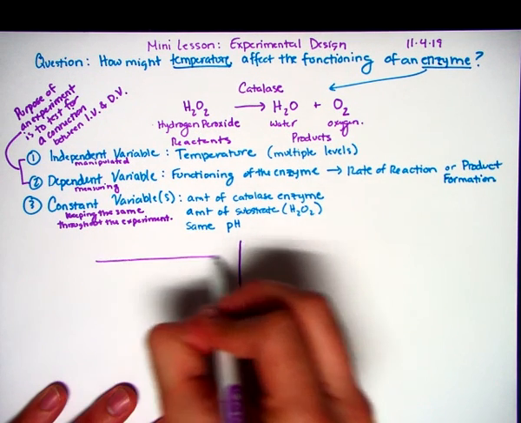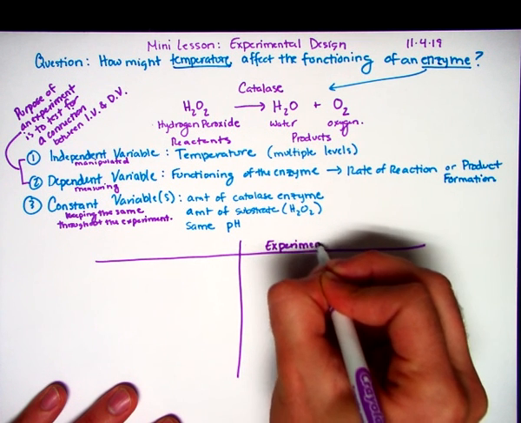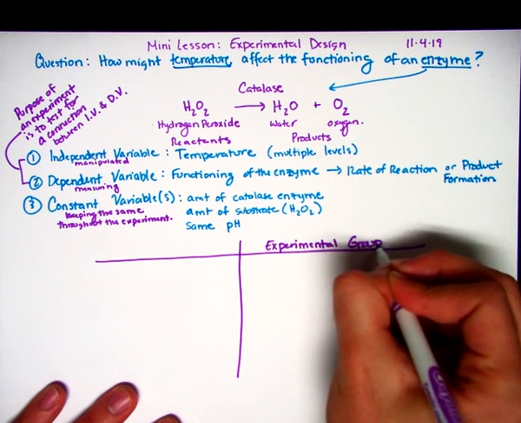So, what you'll see is that you have experimental groups and you have control groups.